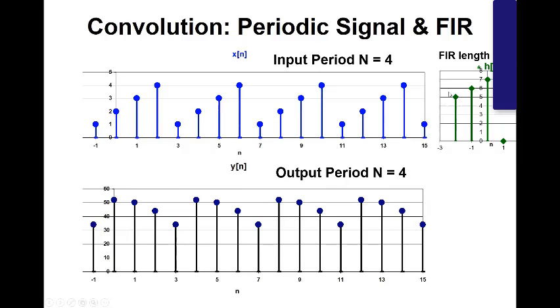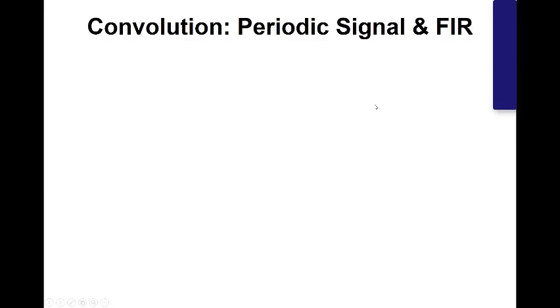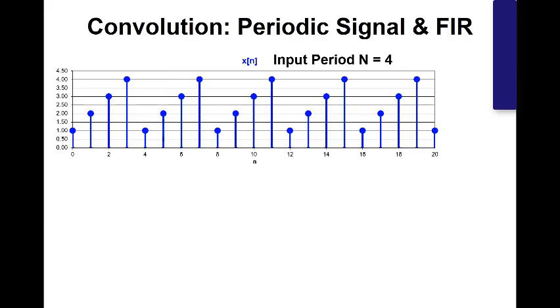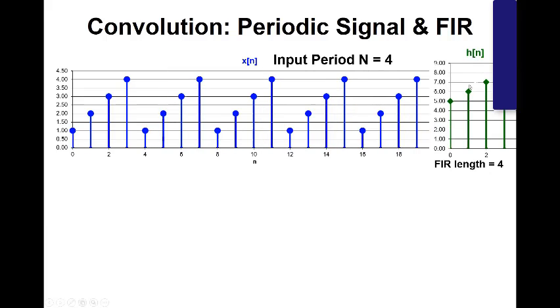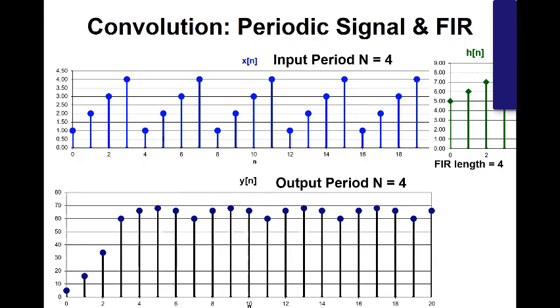If I used a different length unit sample response for the same signal, like an n equals 4 sequence into something with a unit sample response that's 4 wide, still FIR, that convolution result would look like this. We still get 1, 2, 3, 4, 1, 2, 3, 4, a periodicity with a period of 4 samples. So different shape, but the length of the unit sample response didn't change the length of the periodicity.